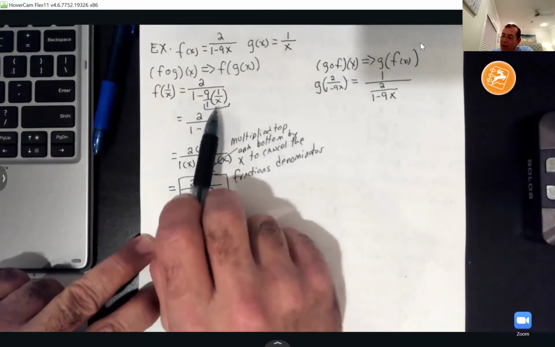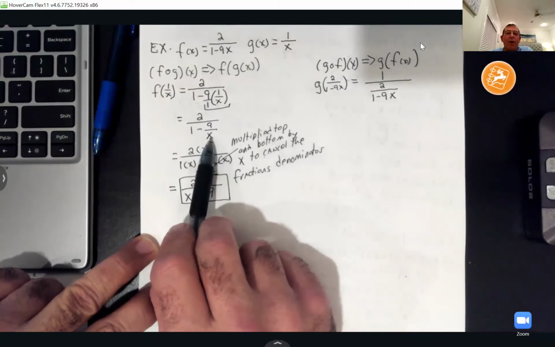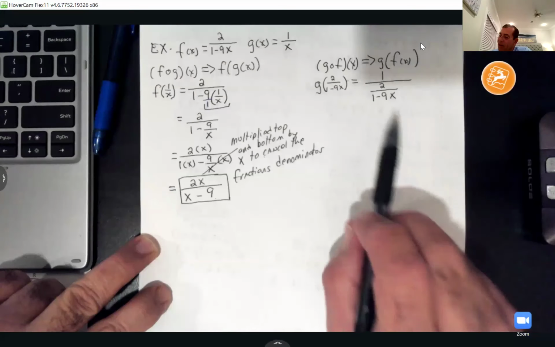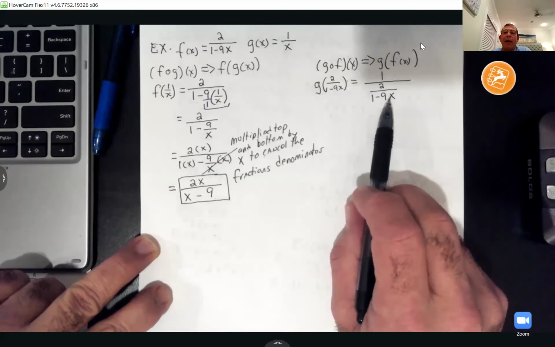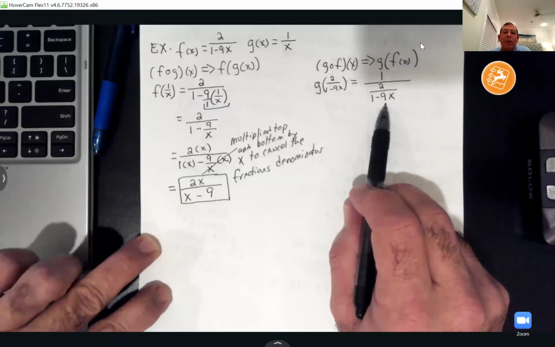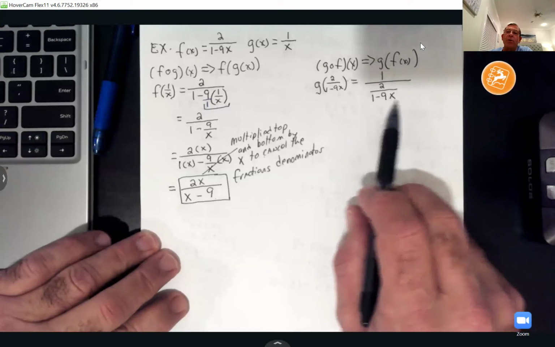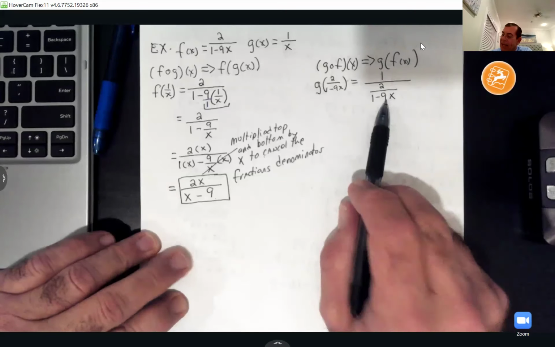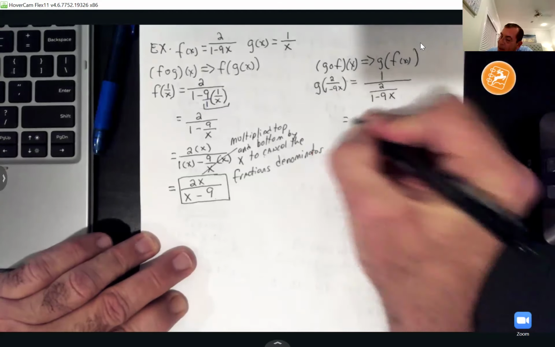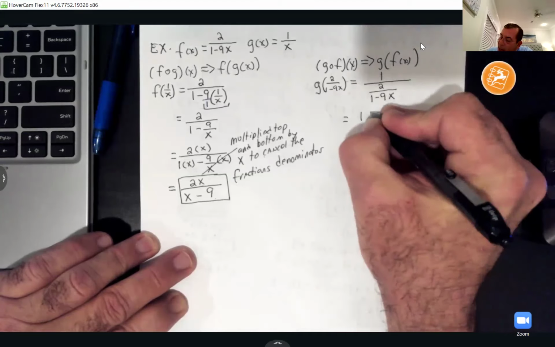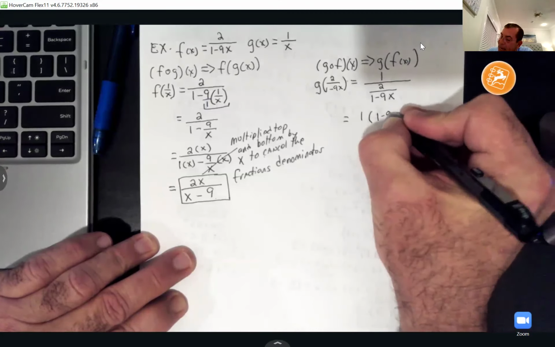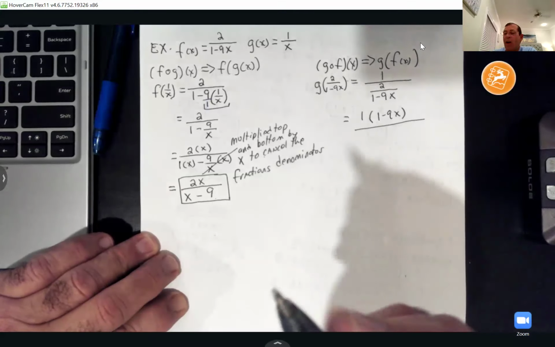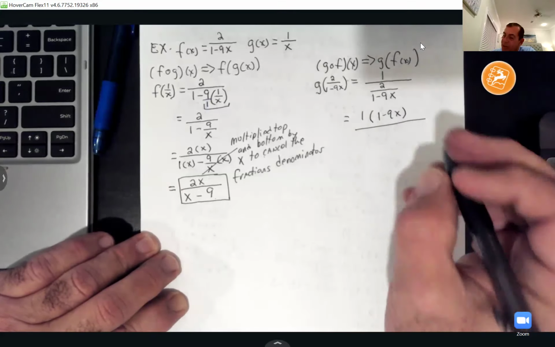Now, notice over here, I had an x on the bottom. I multiplied top and bottom by that x. Over here, look what I got in bottom. I got a 1 minus 9x in the bottom. So what I'm going to do is multiply the top and bottom by that 1 minus 9x. So on top, I got 1 times 1 minus 9x. So if you see, to cancel fractions, you're just knocking out them denominators, okay?